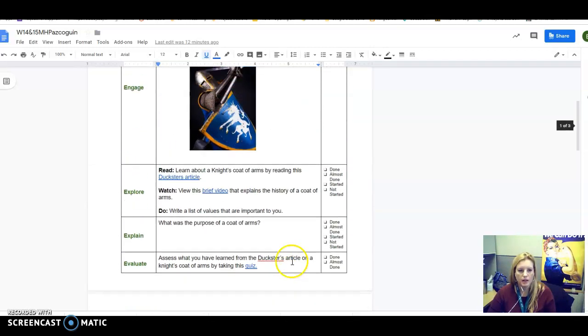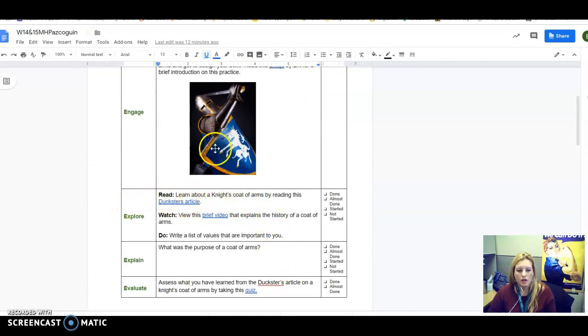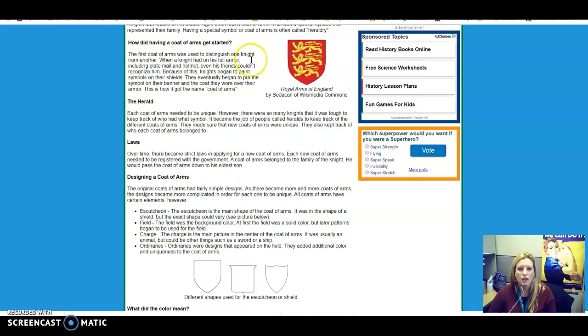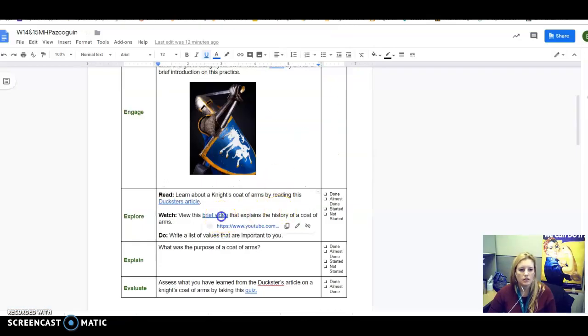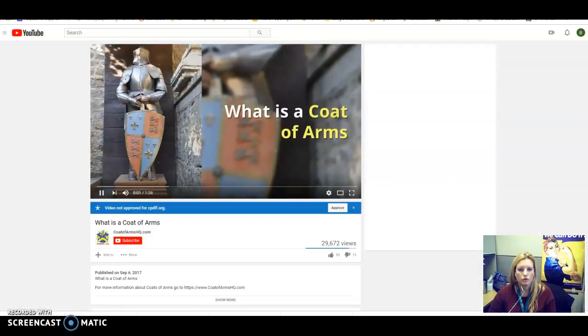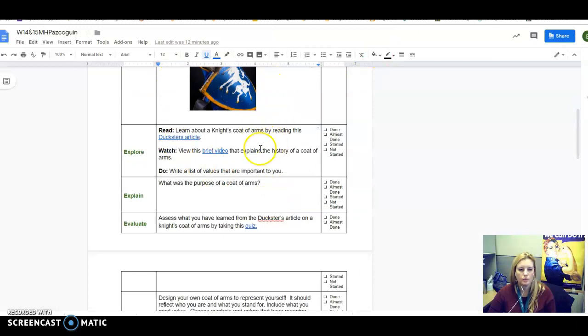To learn more, you're going to read this article about the history and the design of it, and then watch a video as an overview of what a coat of arms is. It's very brief, like 2 minutes.